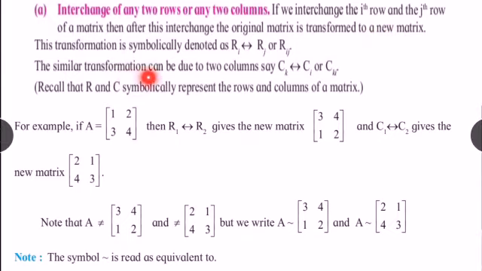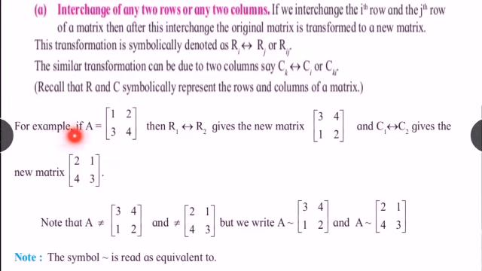This transformation is symbolically denoted by Ri interchange Rj. A similar transformation can be done on two columns, say Ck interchange Ci.